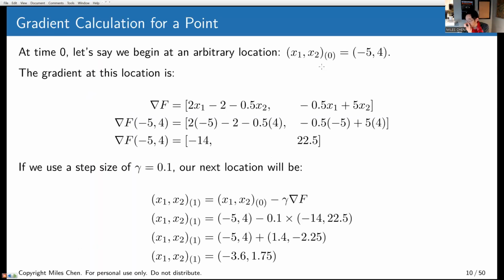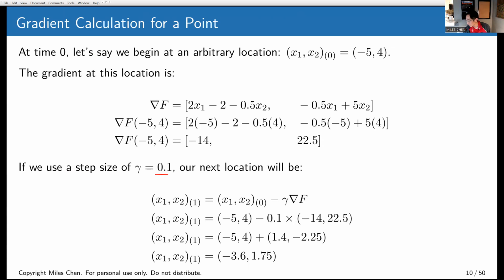I'm starting off at -5, 4. This is my current x location at time 0. I'm going to subtract off some positive constant gamma times the gradient to get my next iteration. Here I've just chosen this arbitrary value of 0.1. So I've got -5, 4 minus 0.1 times my gradient, -14, 22.5.